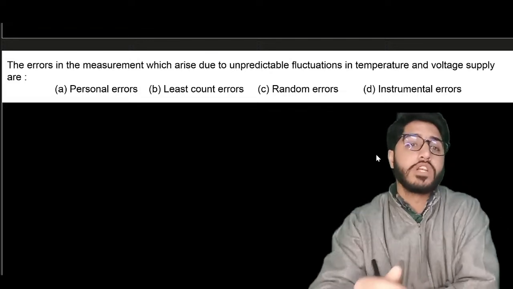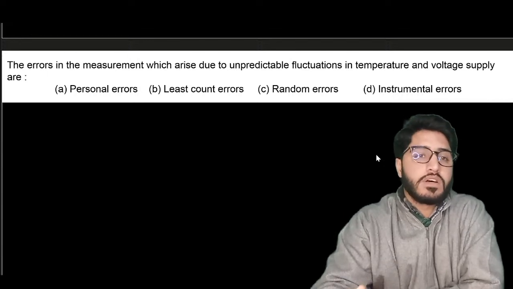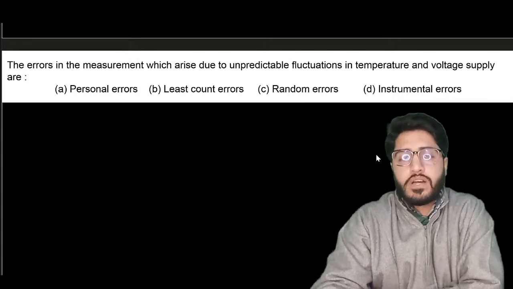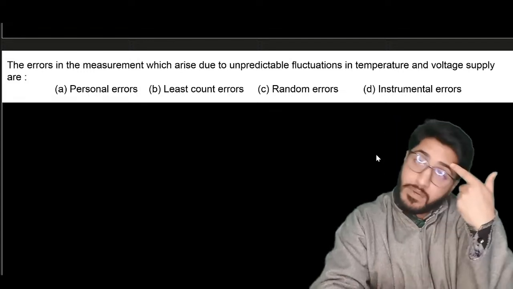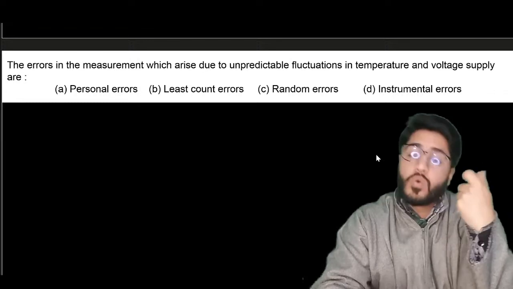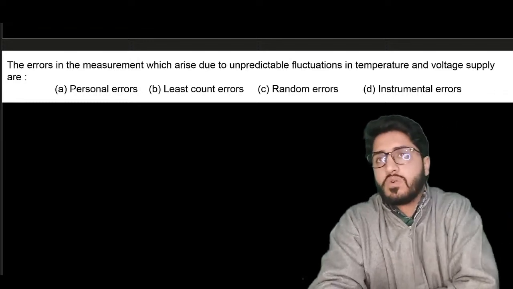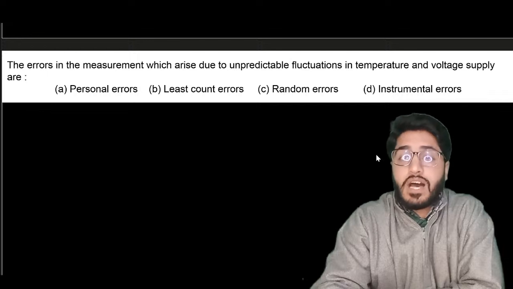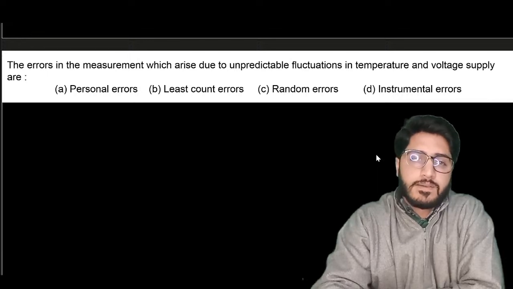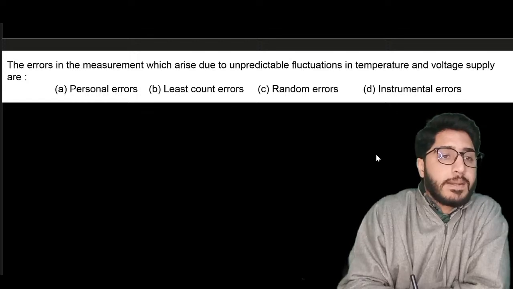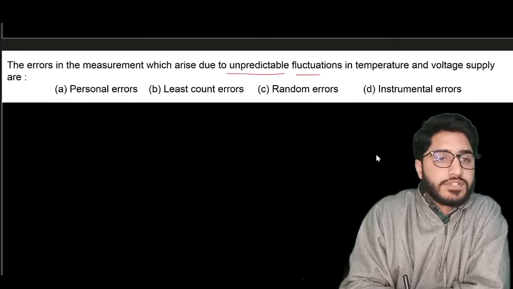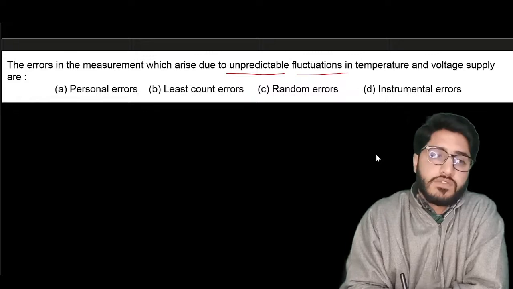Okay. So we know that if we have some sort of error whose causes we don't know, those are random errors. Random errors are those errors whose causes are unknown. Here it is written, unpredictable fluctuations.